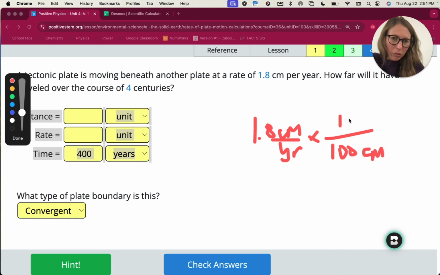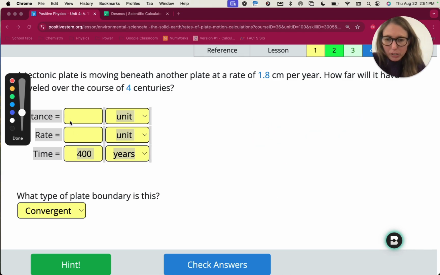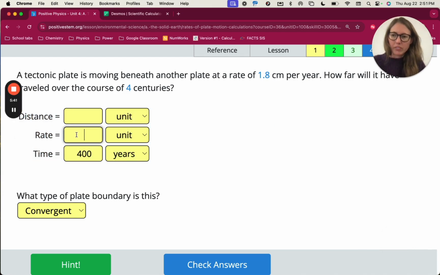And then 1 meter on the top. So that way the centimeters cancel out, and then I'll end up getting 0.018 meters per year. This was our rate.